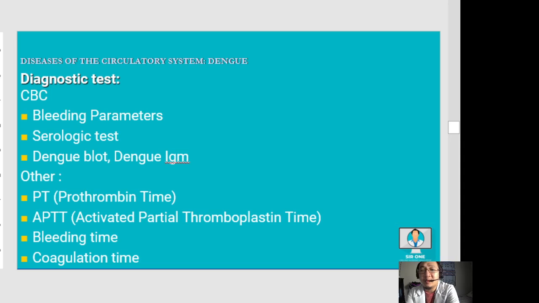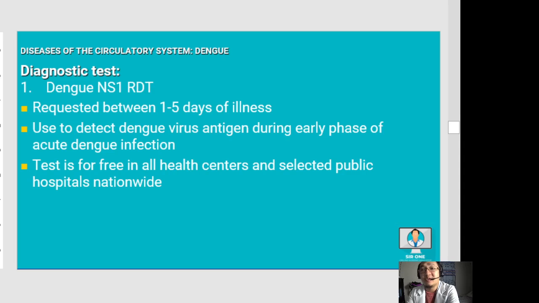Others are your prothrombin time, activated partial thromboplastin time, bleeding time, and coagulation time. But for the sake of this visual lecture, I will not be focusing on the different laboratories. I suggest that you read them in another source, or I'll be putting up another video lecture for this, but I will be presenting it the way the DOH have discussed it on their website.